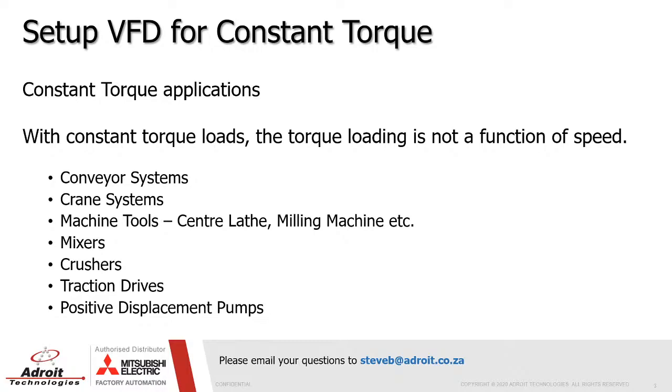That is typically when you have conveyor systems, crane systems, machine tools, for example a center lathe or a milling machine, etc. Mixers, crushers, traction drives, and positive displacement pumps. These are typical examples when you would use a constant torque setup.